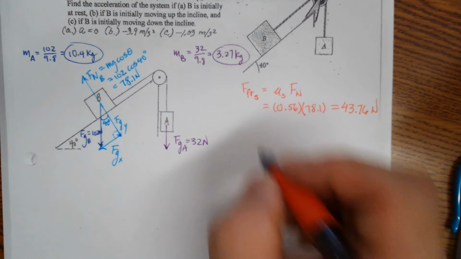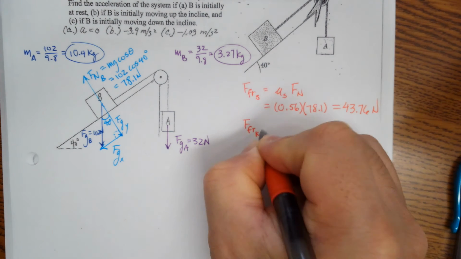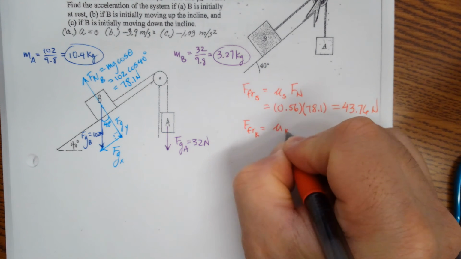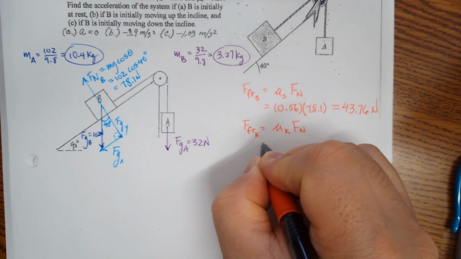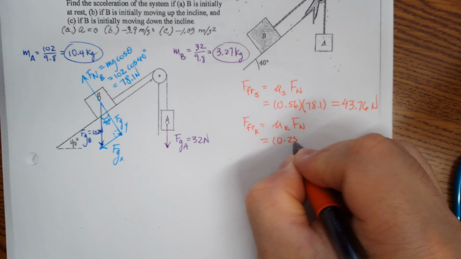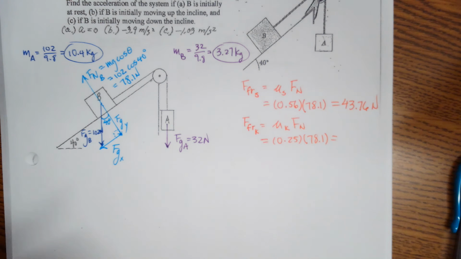Then what about the kinetic friction? Now this is the one that slides, right? So that's mu sub k times F normal, and that is 0.25 times 78.1.